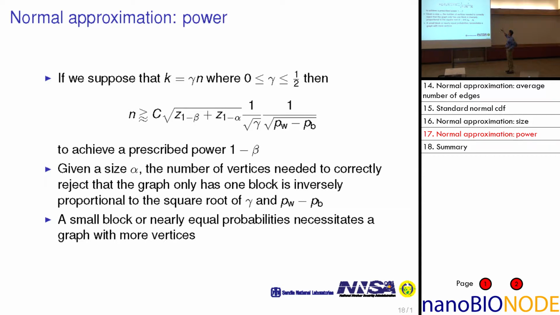And this estimate is interesting because it allows you to see the effect of what happens when PW gets close to PB. As the difference between the between-block probabilities and the within-block probabilities, PW minus PB, which is positive, goes to zero, you get 1 over the square root of that. That means in order to get a specified power of the test, n has to increase relative to that.